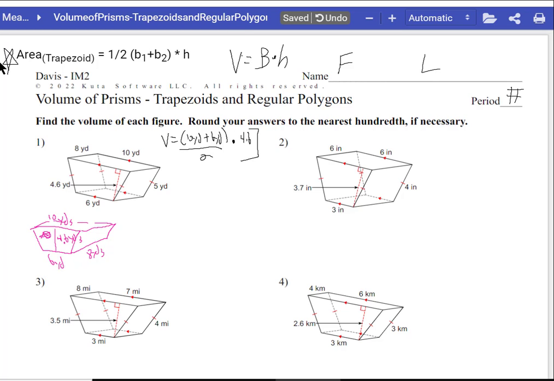But wait, there's more. That's the area of a trapezoid. The prism is that times 8, since it repeats 8 yards.